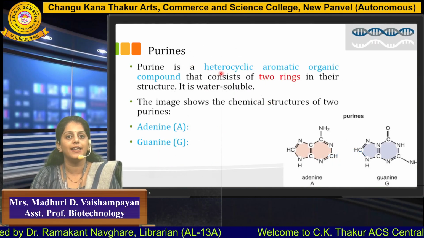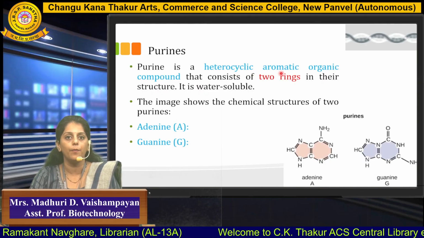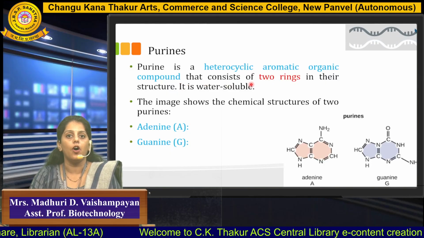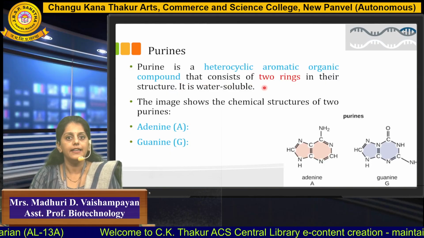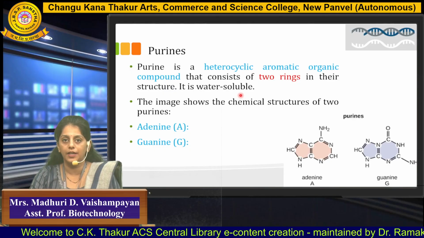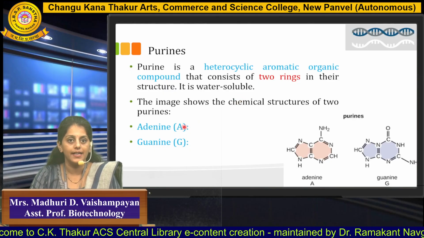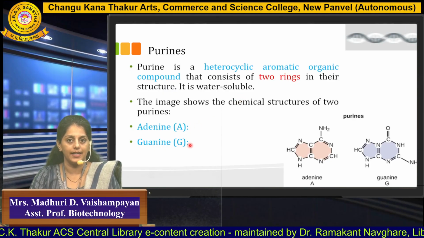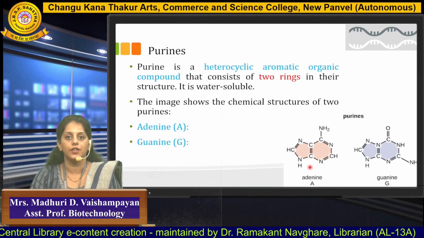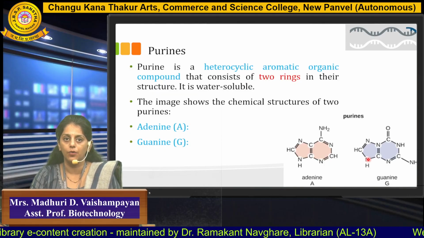Purines are heterocyclic aromatic organic compounds. They consist of two rings and are water soluble. Purines have two different chemical structures: adenine and guanine. Here you can see the two structures of adenine and guanine.